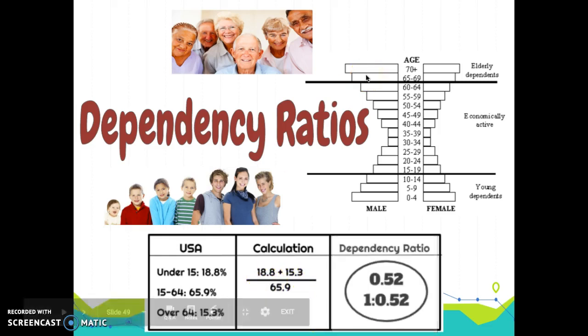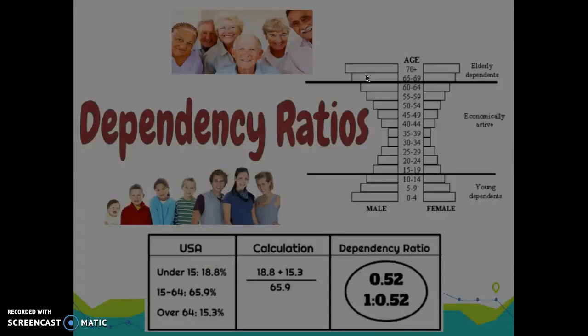So the total dependency ratio in the US is 0.52, or you could look at it as 1 to every half, right? So we have one economically productive person for every half dependent person in the United States. So we do not have a very high dependency ratio.